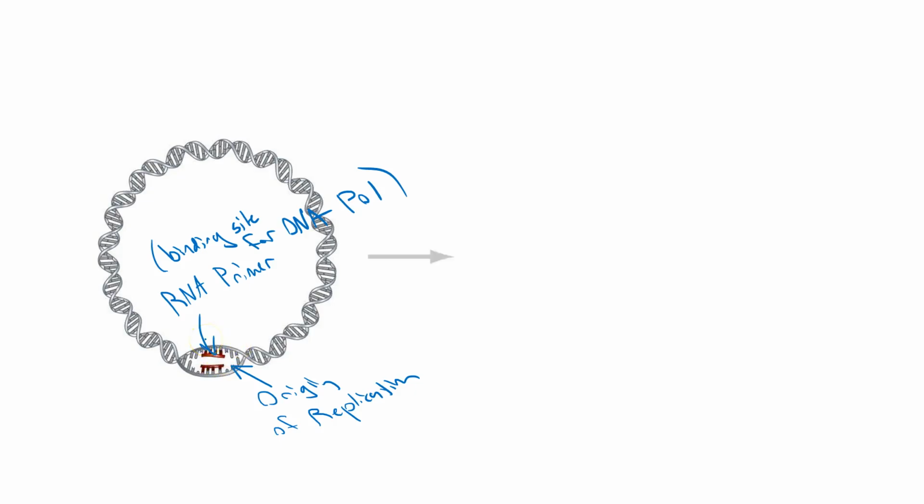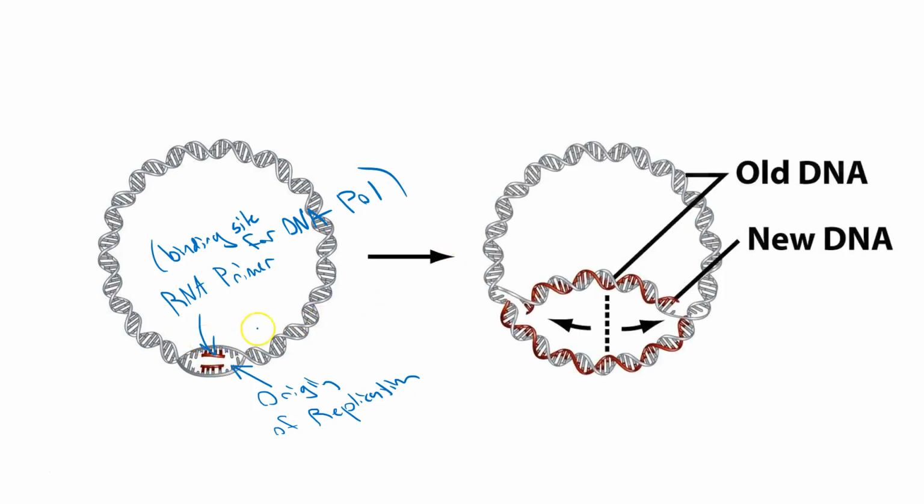Okay, and so then what happens is that this will proceed both ways. The DNA will unravel this way, and the DNA will unravel this way. And you can see that as it's unraveling, you'd imagine little DNA polymerase enzymes, one's going to bind here and cruise along this way, and then maybe another one would bind here and cruise along this way.